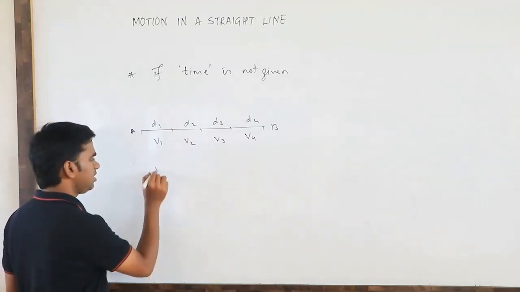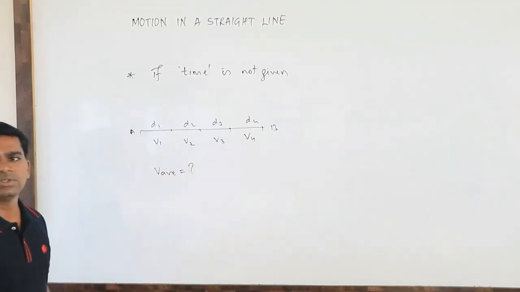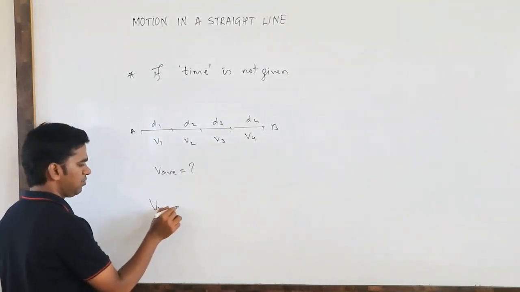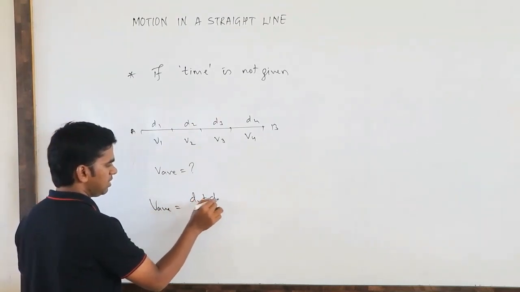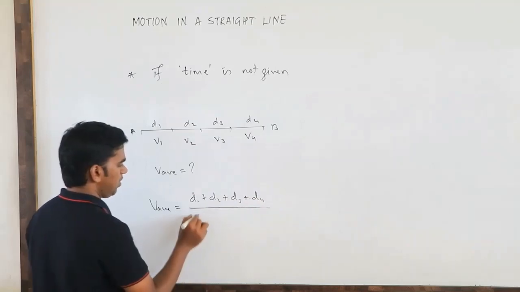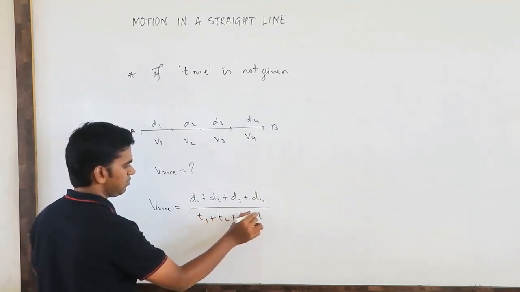But they are asking to calculate the average velocity. What we have is the formula d1 plus d2 plus d3 plus d4, divided by t1 plus t2 plus t3 plus t4.